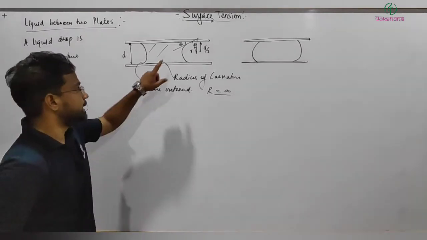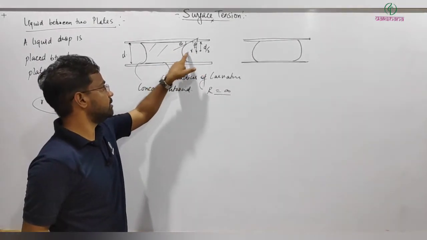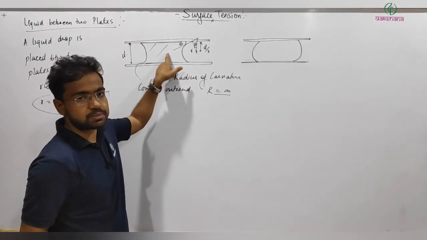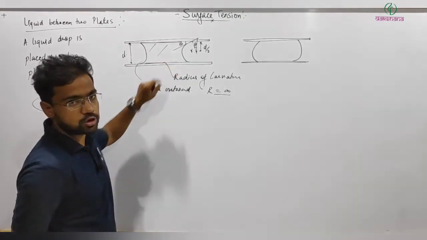So the first thing is it's concave outward, so there will be excess pressure outside and lesser pressure inside the drop.